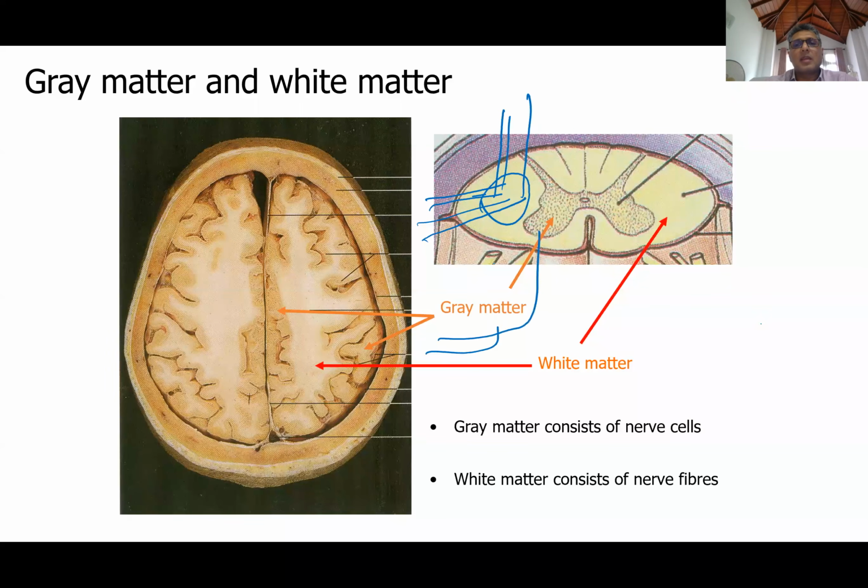Otherwise, if a fiber goes like that and another one goes like that, there will be a crossing, which will increase the size. It's like having fingers like this or having fingers like that. So that doubles the width. When you understand the nerve tracts also, you will realize this. So remember this point. Most of the biological things have a reason behind them.